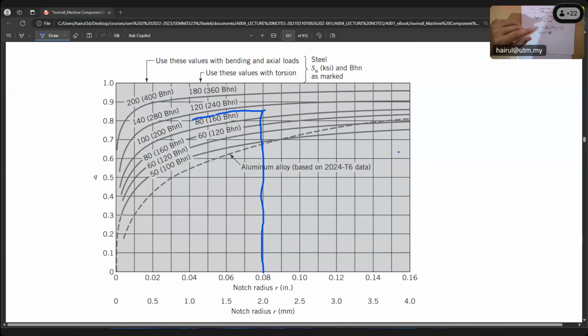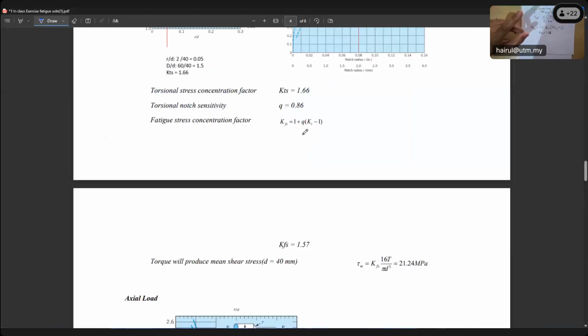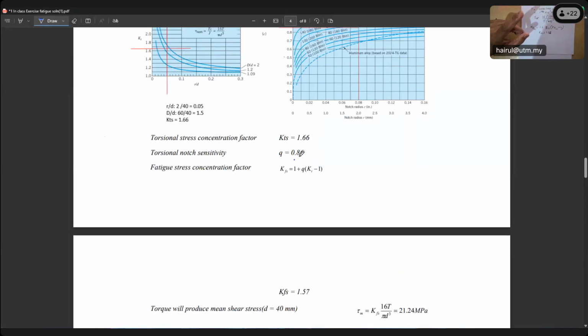So between 0.8, can you see that this is 0.8, this is 0.9, and on your y-axis is kind of like 0.86. Cuba tengok solution, yeah. Based on torsional, 0.86. Itulah. So you punya QTS is 0.86. Right? So that's how you find KF, fatigue stress concentration factor based on torsion. 1 plus 0.86 times our KT torsion tadi is 1.66 minus 1.